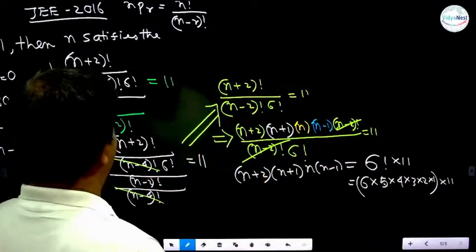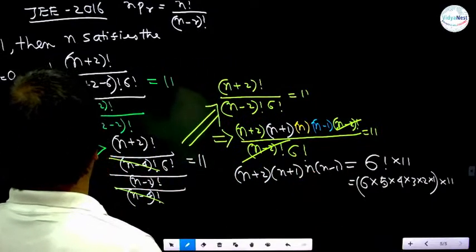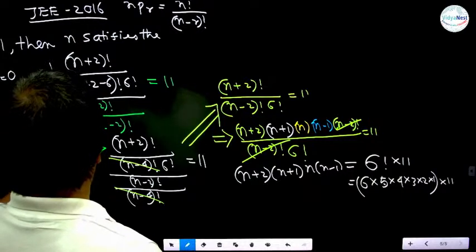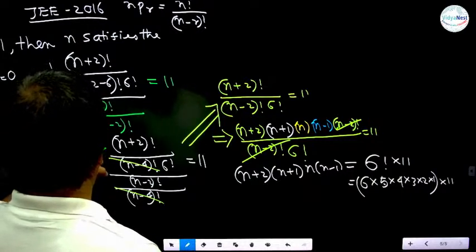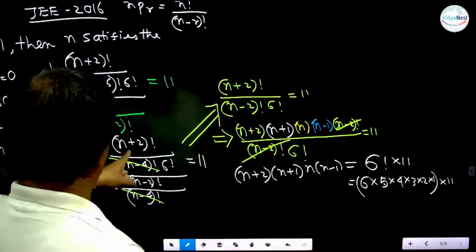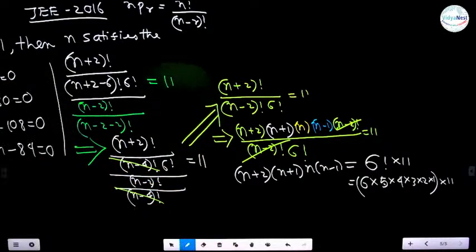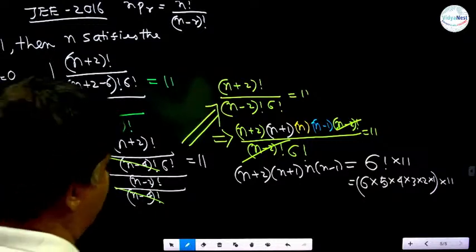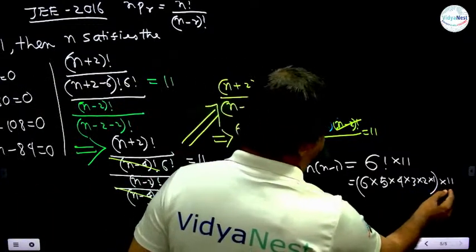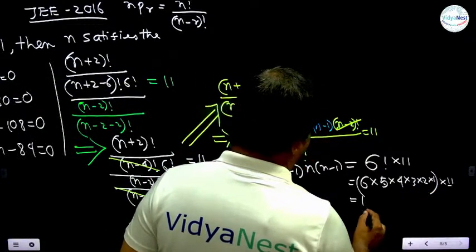That's why n minus 2 minus 6, n minus 4, and the denominator part is just a permutation. You also observe how to simplify it. Let's see, it is 11.